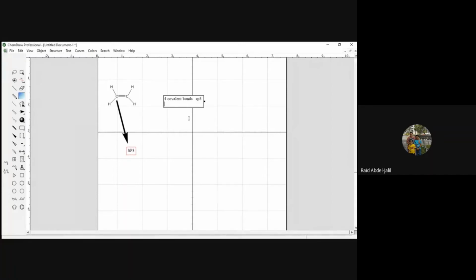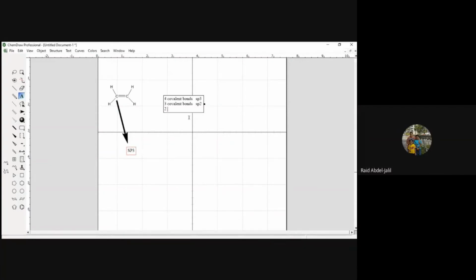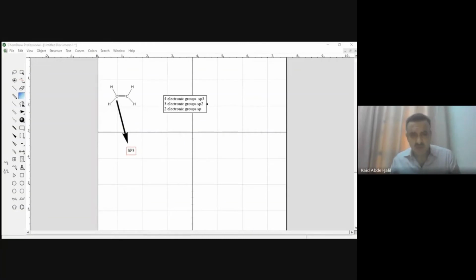If an atom is surrounded by 3 electronic groups, it will make sp2. And if it is surrounded by 2 electronic groups, instead of writing 2 covalent bonds, let's just write 2 electronic groups, then it will definitely need sp. Check here what we wrote.